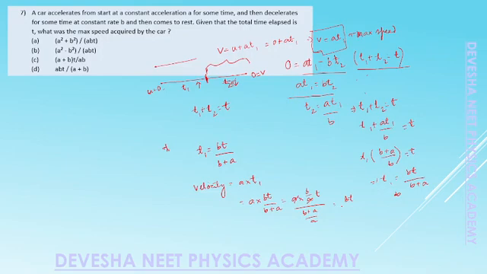So this is equal to a b t divided by (a plus b). So this is the answer here.